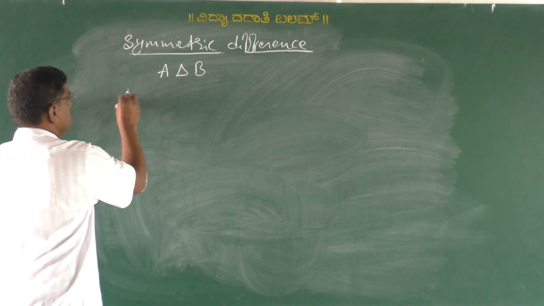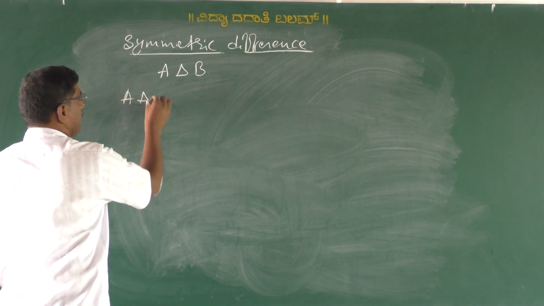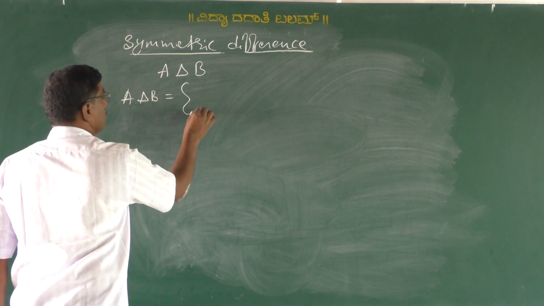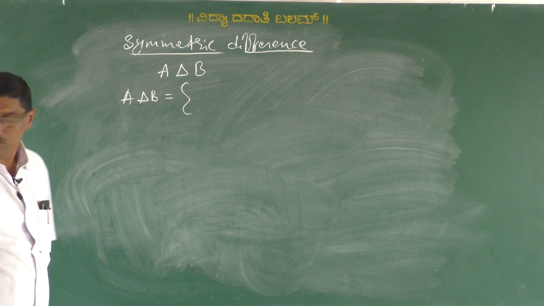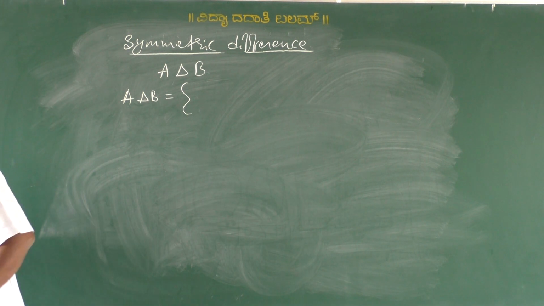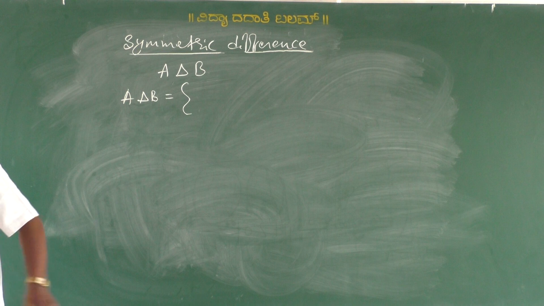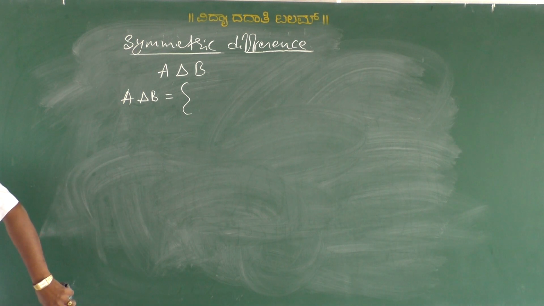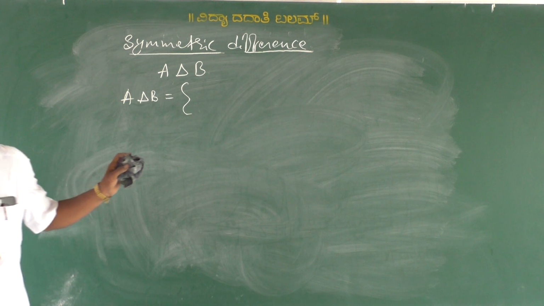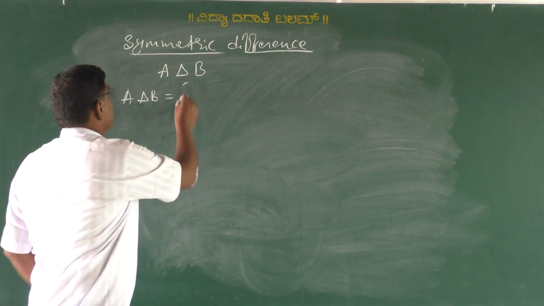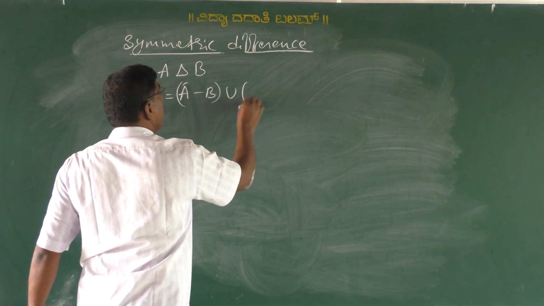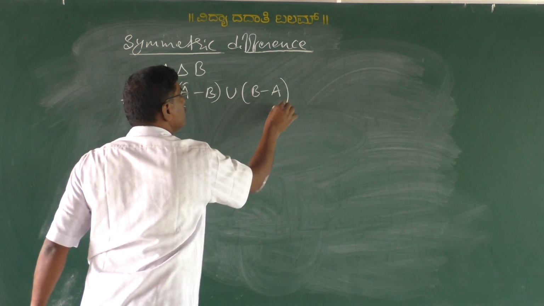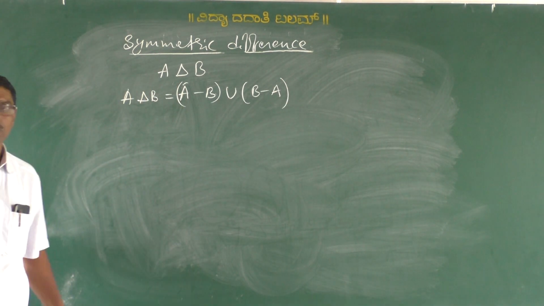as A symmetric difference B is equal to the set of all, or we can define directly, A minus B union B minus A. Are you understood?